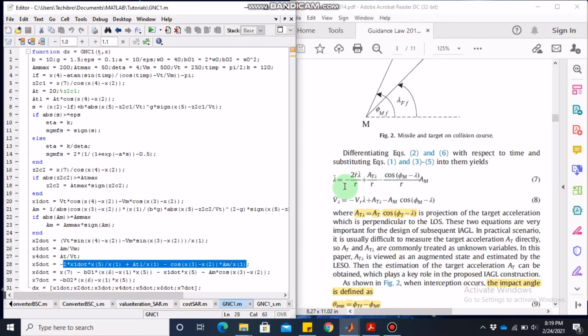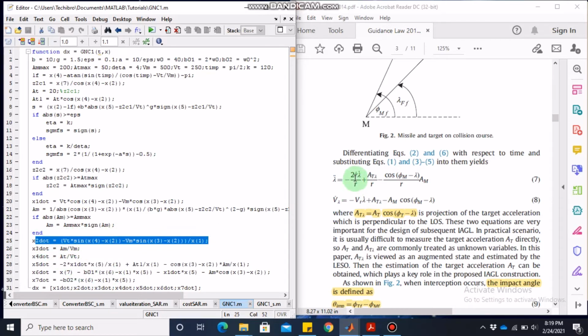Again here, this is r dot, which is the same equation as equation number 1 in the paper, and this is lambda dot calculated using equation number 2.